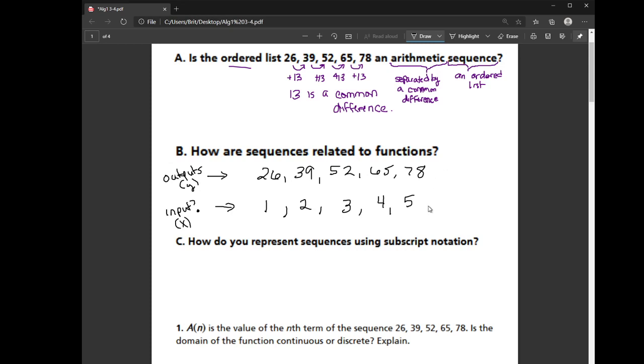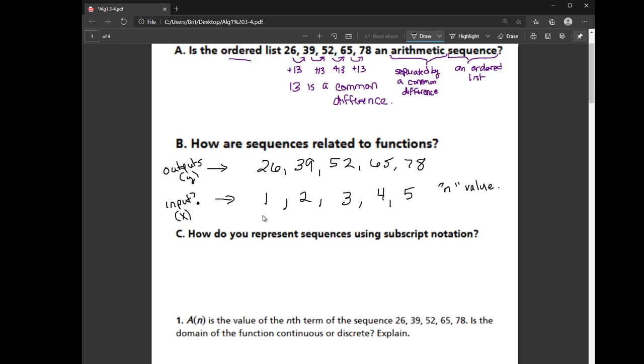Now this is often called the n value. You're going to see some formulas coming up in later videos. When we talk about this, we usually describe this as A sub 1.